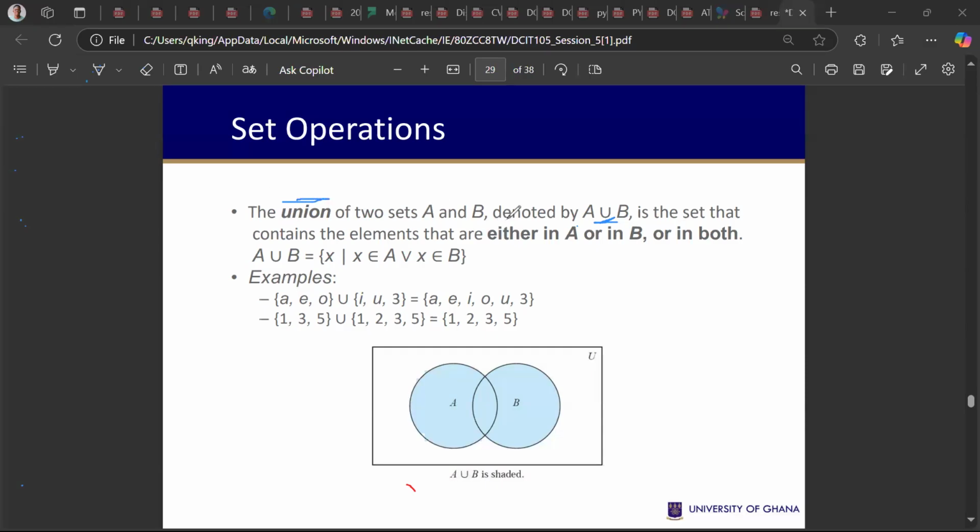And so the union of two sets A and B, denoted by A union B, is a set that contains the elements that are either in A, or in B, or in both.